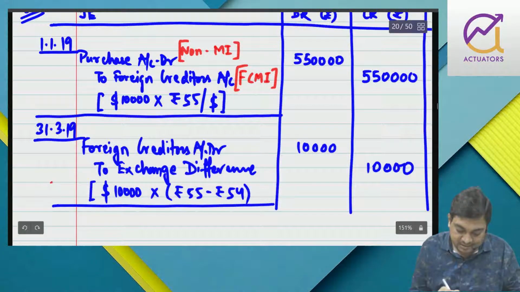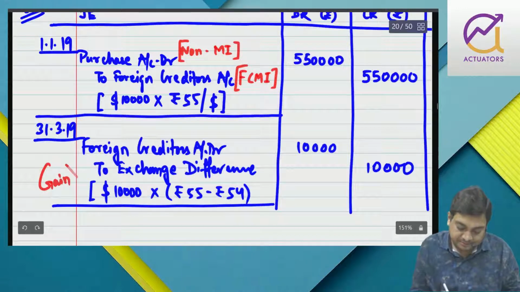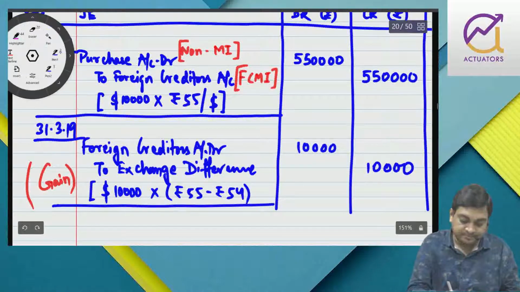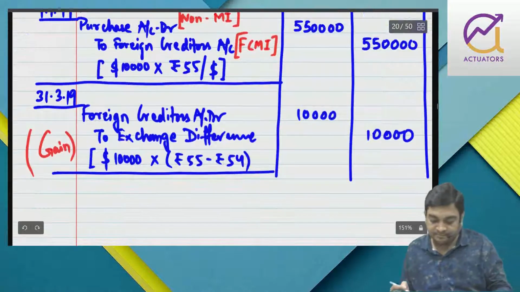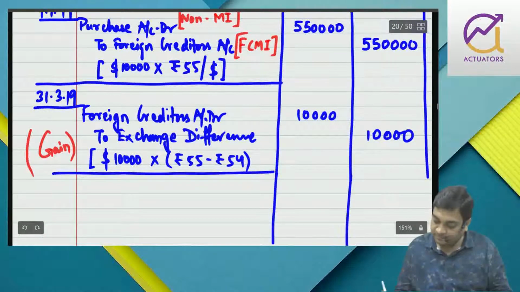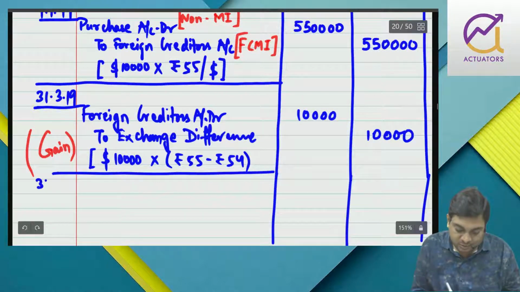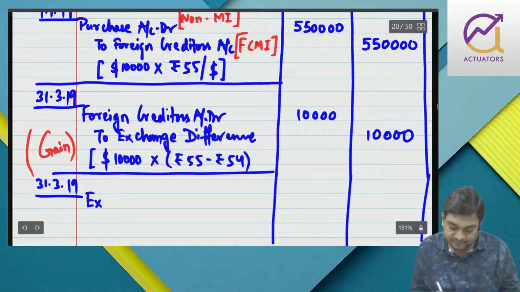It is gain. So on 31st March 19, I will transfer this difference.